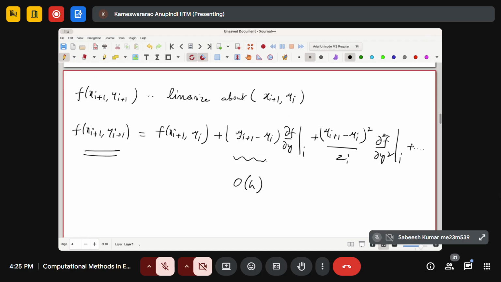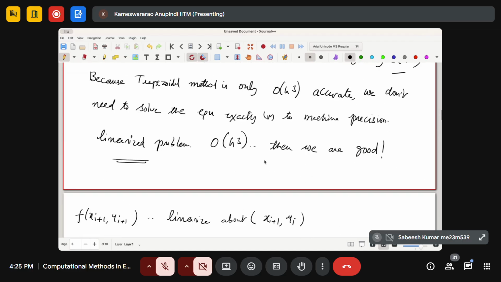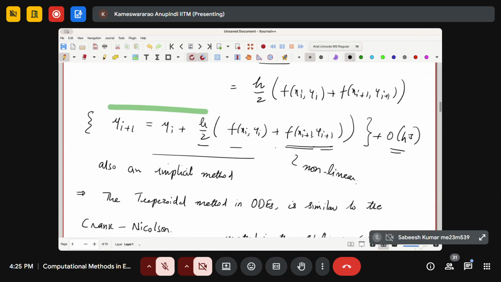So that means approximating y_{i+1} about y_i is order h accurate. So this term is order h accuracy. But if you go back, there is a multiplication with h here. So as a result, this term is going to be eventually order h times order h. This is order h square.